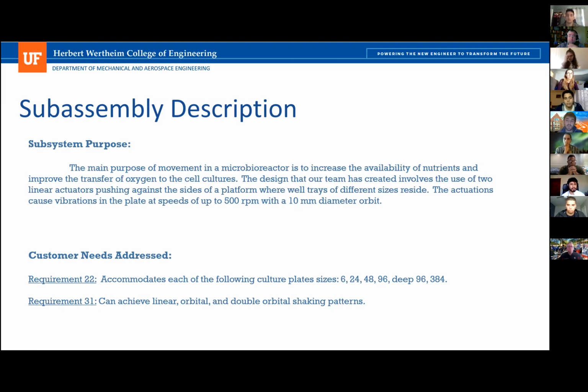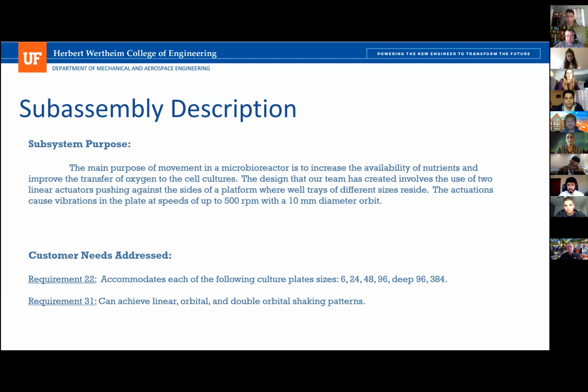One actuator will be pushing up against the side of the well tray on the x-axis, and another one will be pushing against the y-axis. The well tray will be sitting on a platform with springs on each opposite end, so that as the actuator is pushing up against the well tray, it's able to have a 10 millimeter displacement.